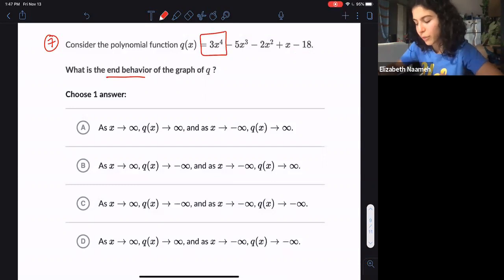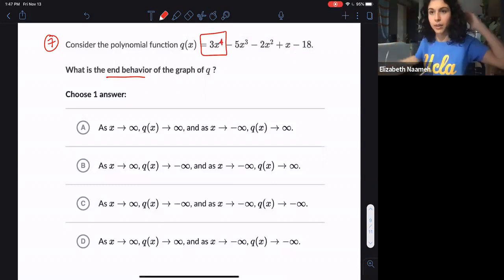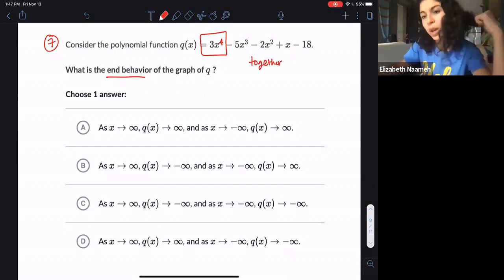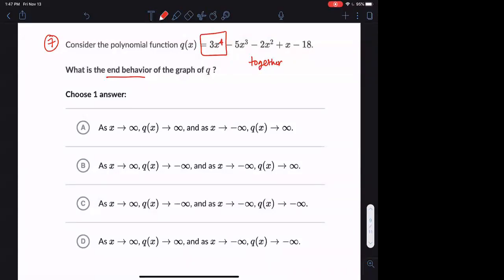And Giselle, what do you remember about even powers? How do the ends open, together or opposite? Together. And everybody, are these going together up or going together down? Up.